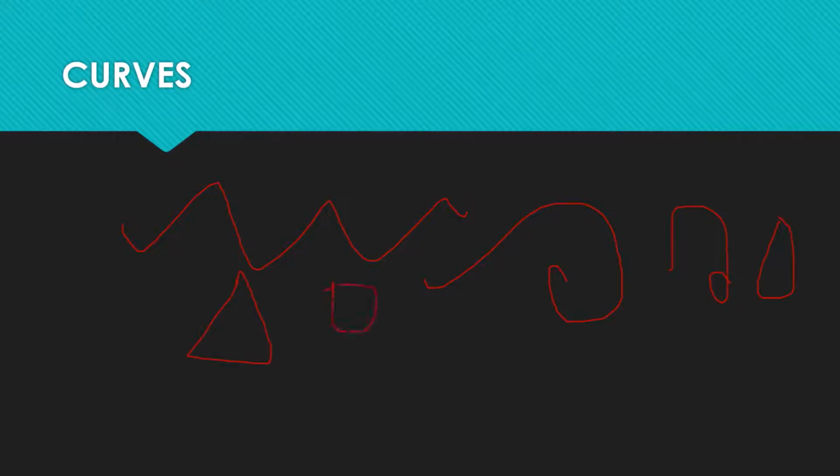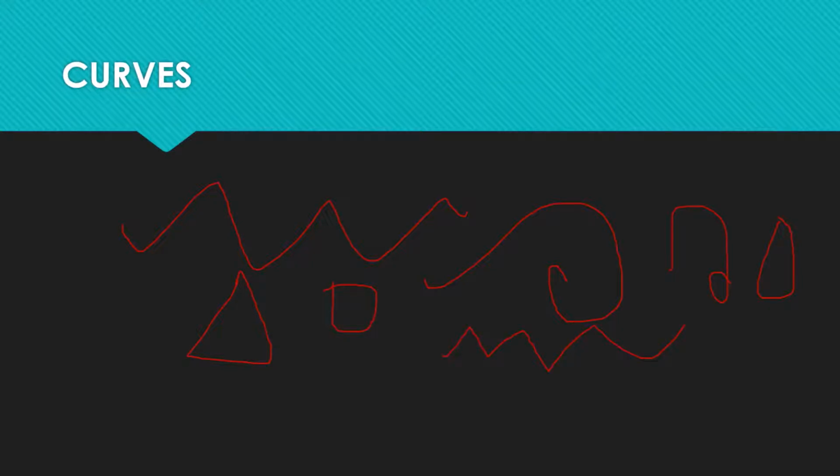Our topic is curves. Curve is an interesting topic, so let's discuss. Have you ever taken a piece of paper and just doodled? You just draw any shape, whether it is a triangle, a circle, a spiral, whatever.